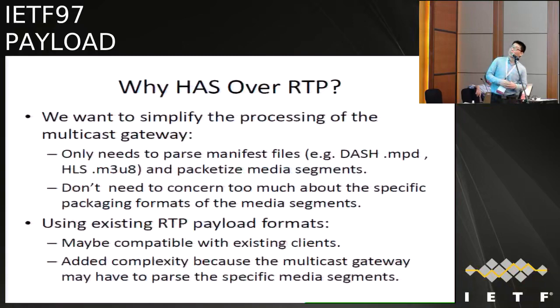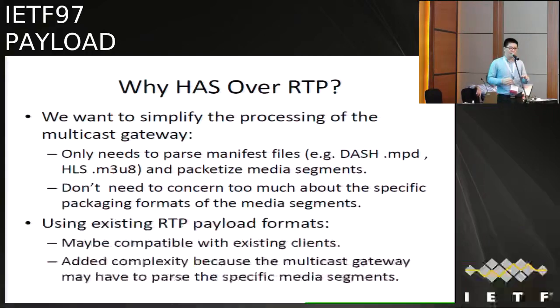Okay, next please. So why a new RTP payload format? As I mentioned, we need the multicast gateway to be as simple as possible. Suppose the multicast gateway just retrieves the manifest files, for example, the DASH media presentation or the manifest file for HLS.